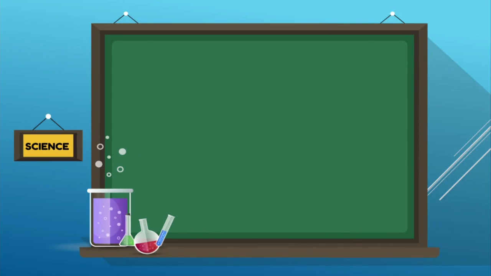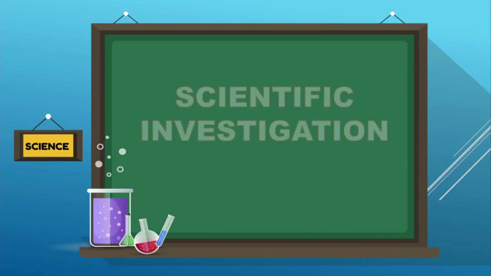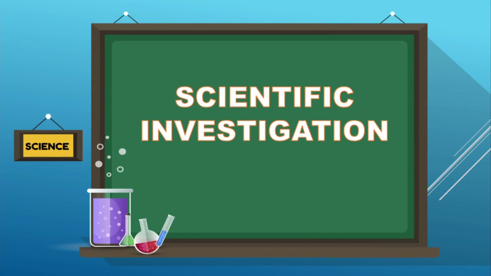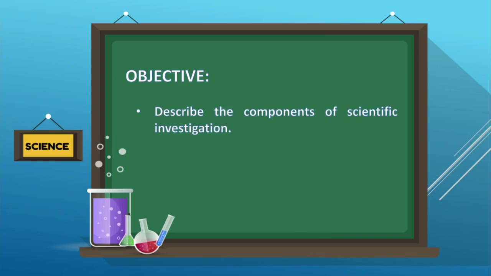For today's lesson for Science 7, Week 1, Quarter 1, we are going to tackle scientific investigation. But before that, let me give you the objective of this lesson. At the end of this video lesson, the students are expected to describe the components of scientific investigation.